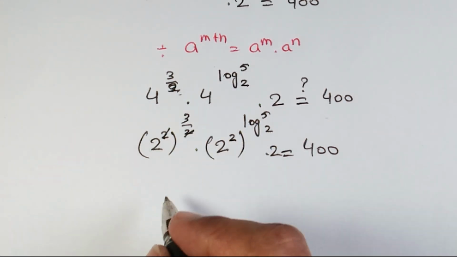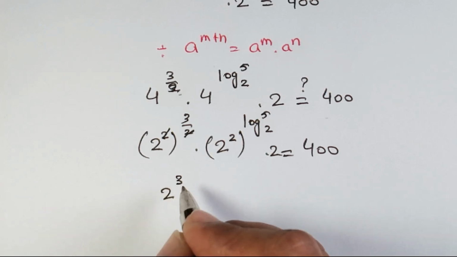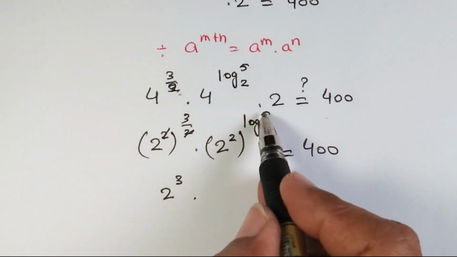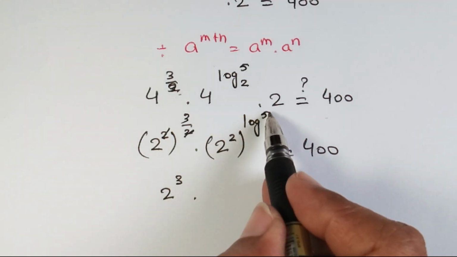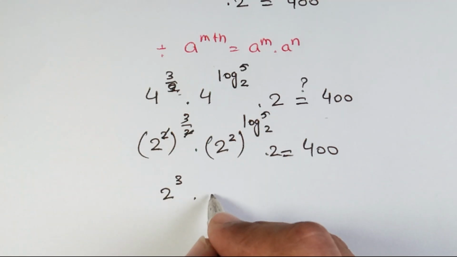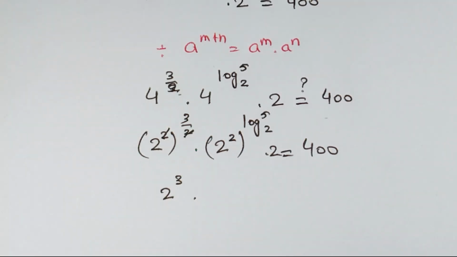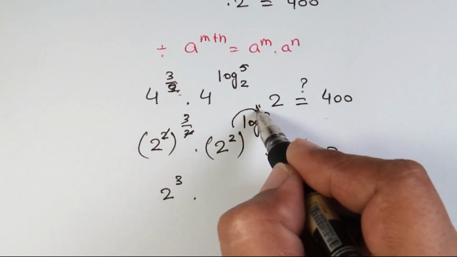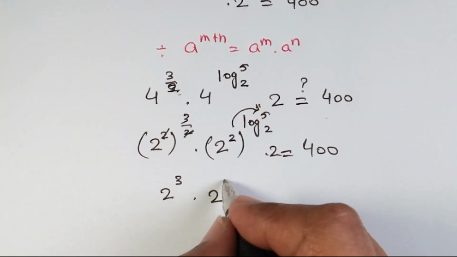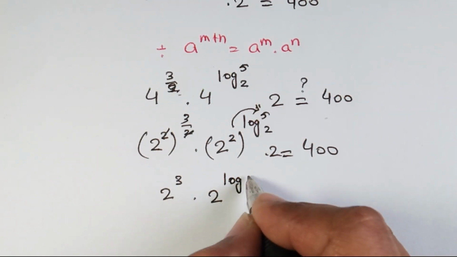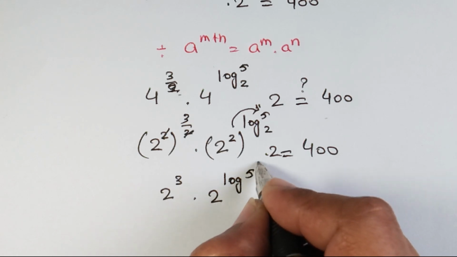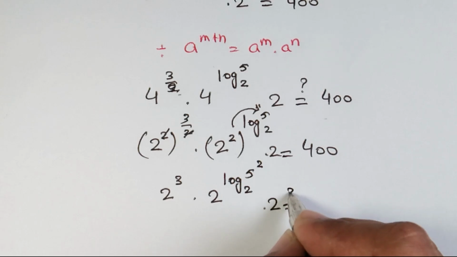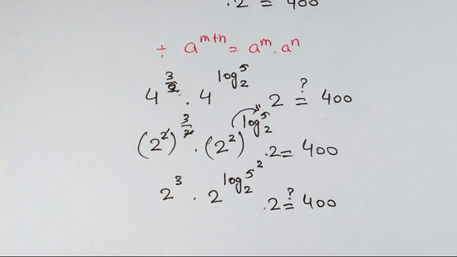So this 2 will cancel with this, and we have 2 power of 3 into, and this power will become the power of 5. We have 2 power of log 5 power 2 base 2 into 2 is equal to 400.